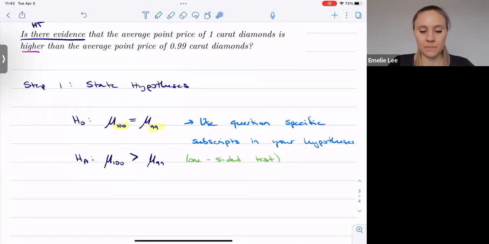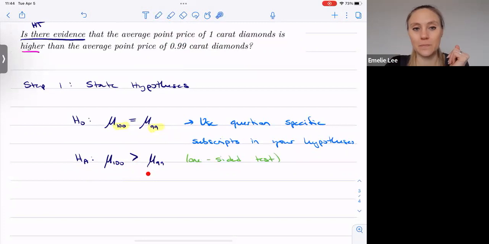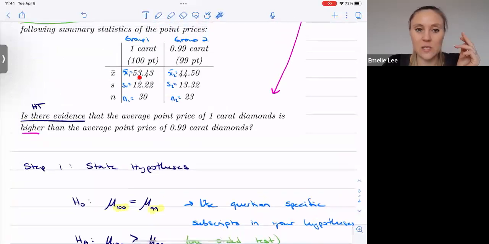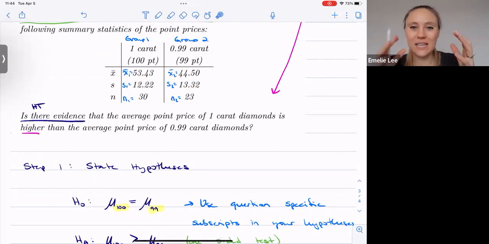Why? Because I'm only concerned with mu100 being significantly larger than mu99, right? I don't care if it goes the other way. And so what we're saying is 5343 is larger than 4450, but taking into account the spread, is it significantly larger? Okay, so that's what we're testing.